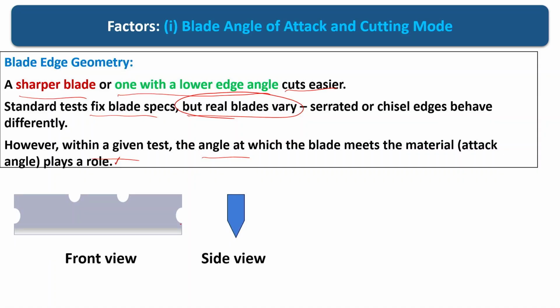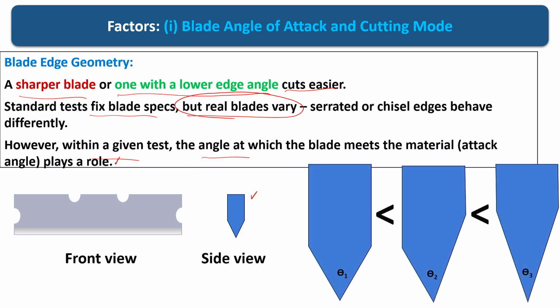Now, this is the front view, here is the side view of the blade. And we can see here there is an angle theta 1, theta 2, theta 3. So, here the angles are different.